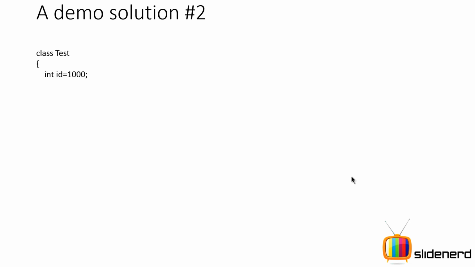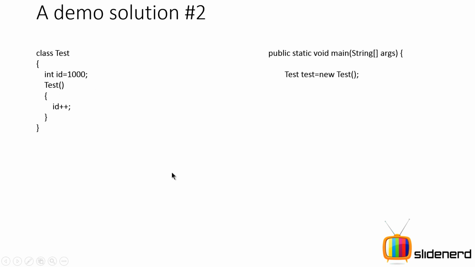Class Test again, int id is 1000. There is a constructor this time, so let's try and understand why we have a constructor. Inside the constructor, if you notice, I'm saying id++, which means I'm increasing the value of id by 1 whenever the constructor gets called. Now let's take a look at the main method and try to understand what is happening.